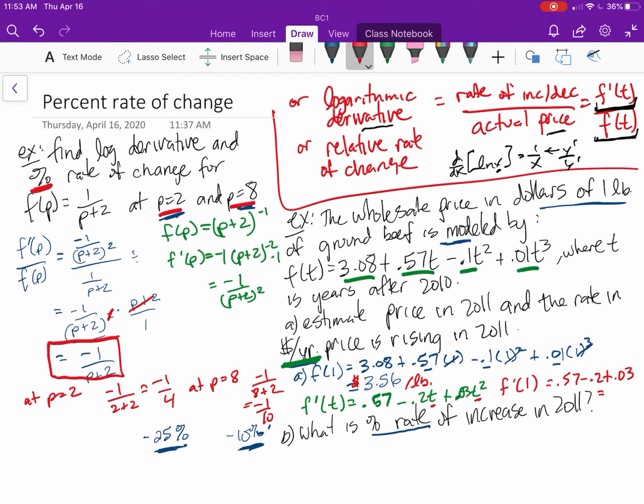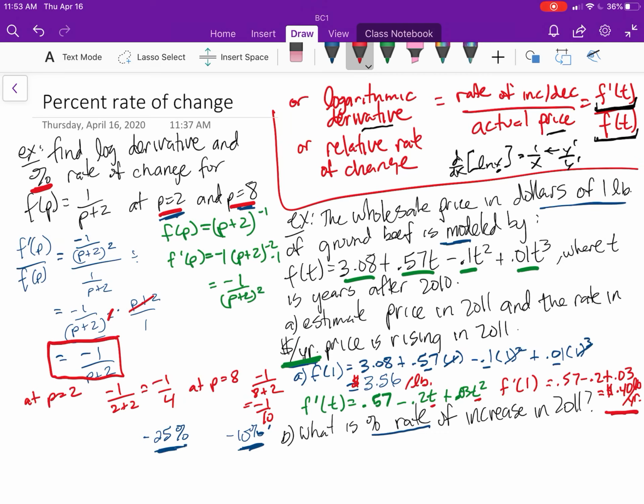So the derivative is 40 cents, but that is per year, per pound, right? So 40 cents a pound per year. So 1 year later, we would expect the price to rise 40 cents a pound. So we'd expect it to be like $4.06.